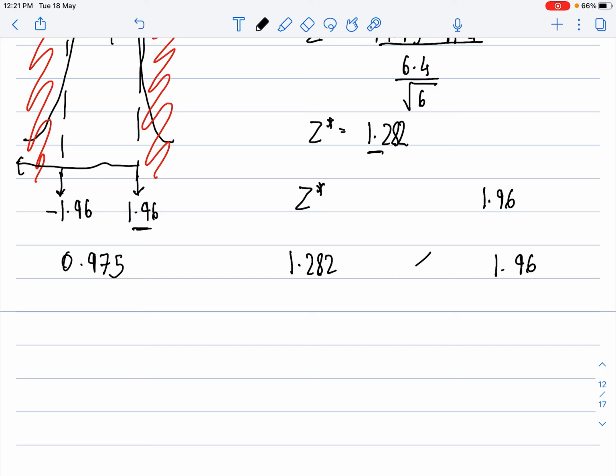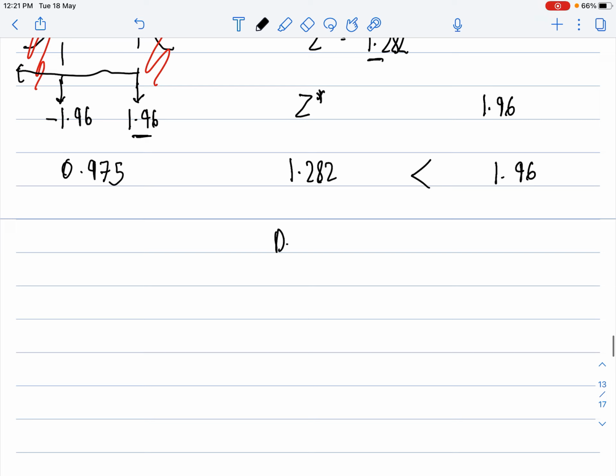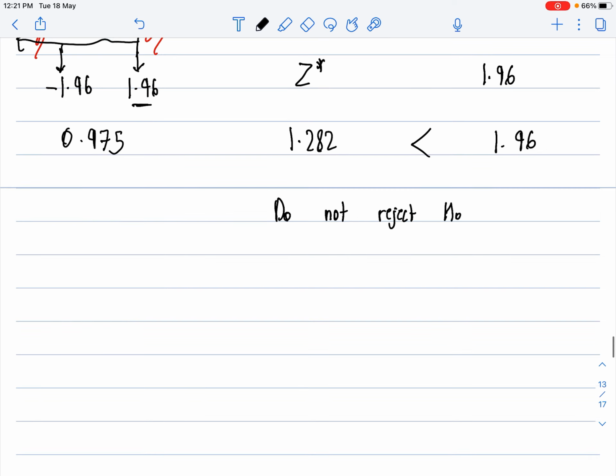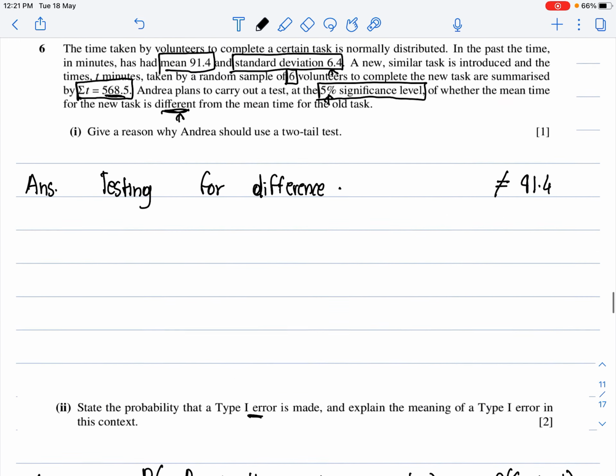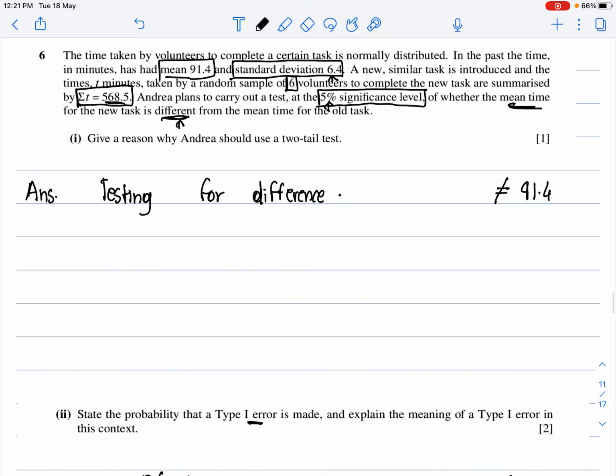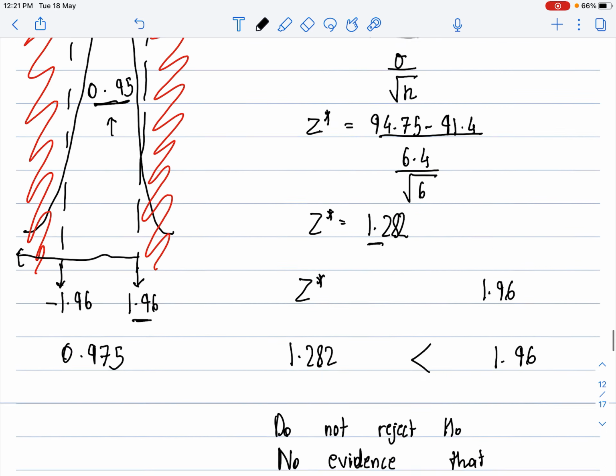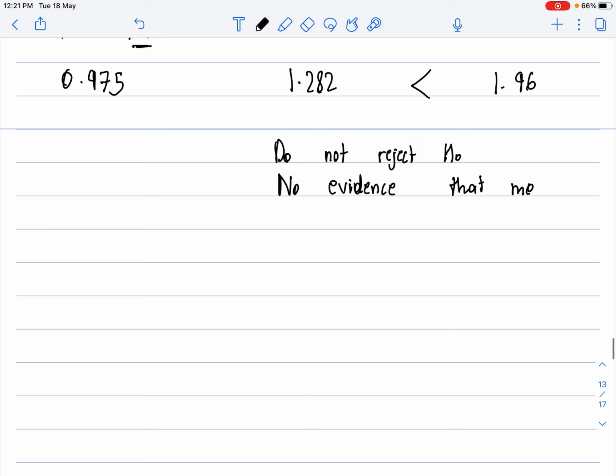I see 1.96 is greater, which means I do not reject the null hypothesis, and there is no evidence that the mean time is different. She's testing whether the mean time is different.